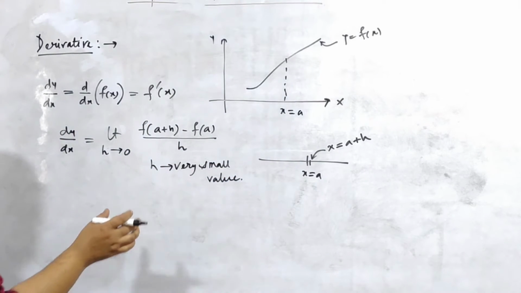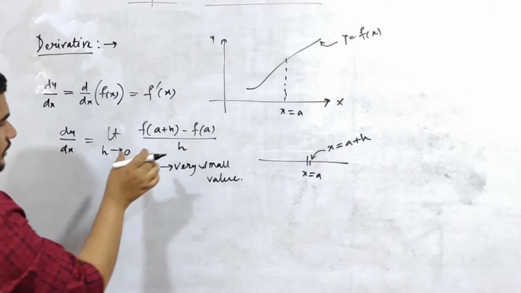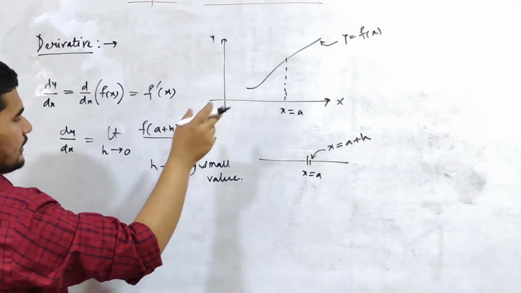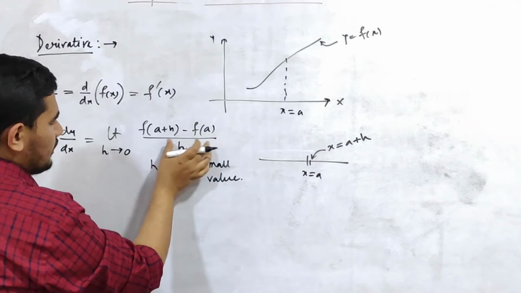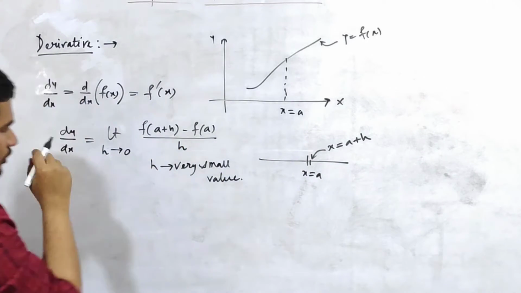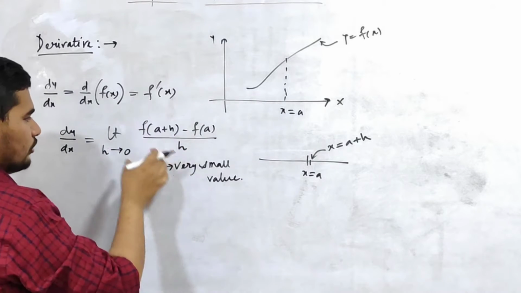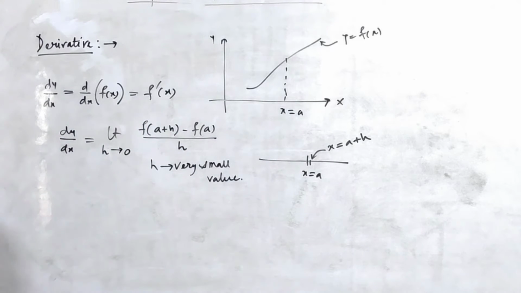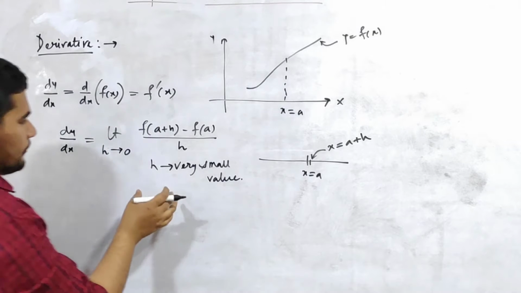I subtract these two values and divide by h. Now when I expand this expression, I get the derivative of the function.